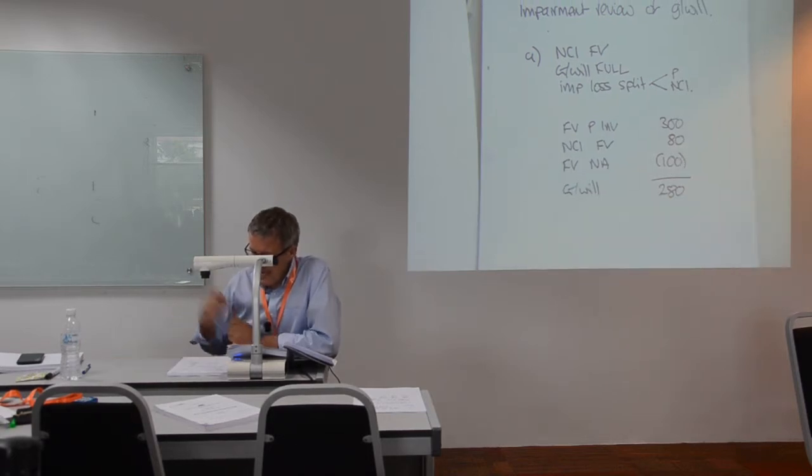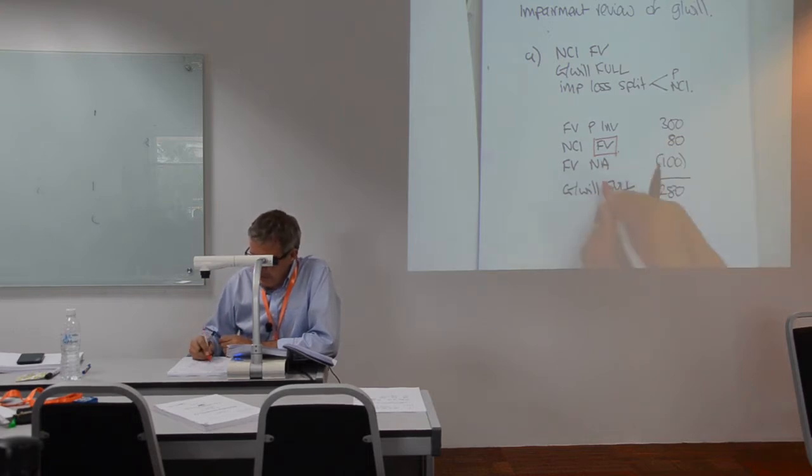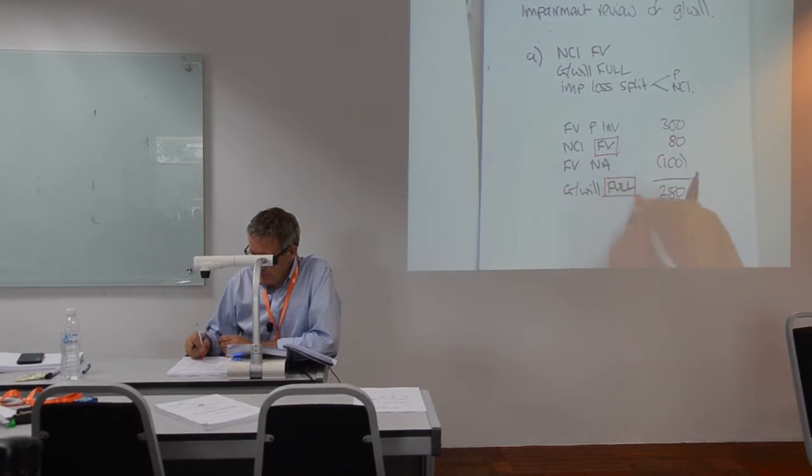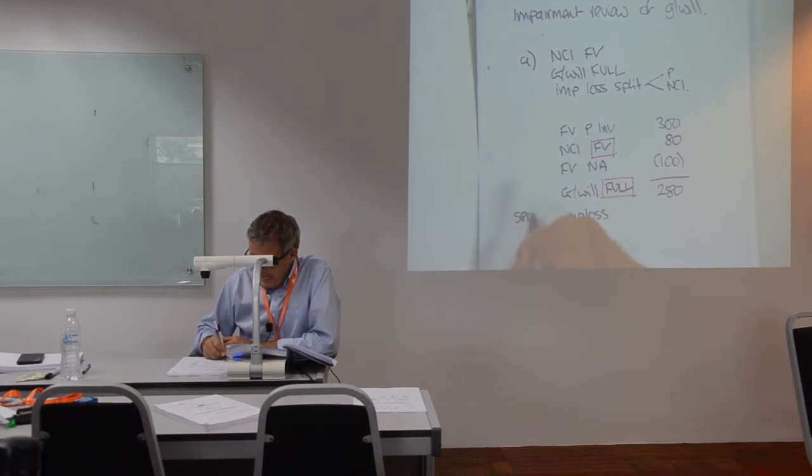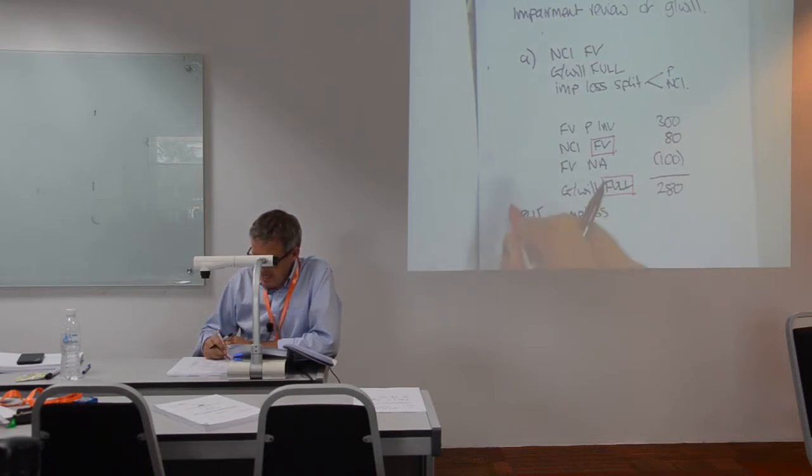When NCI is at fair value, goodwill will be in full. We're about to do an impairment loss, so I assume there will be an impairment loss, and the impairment loss will be split.